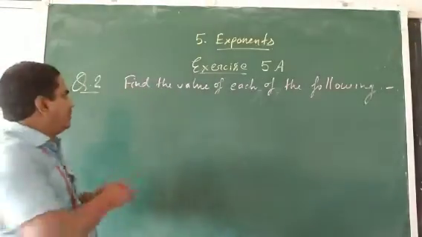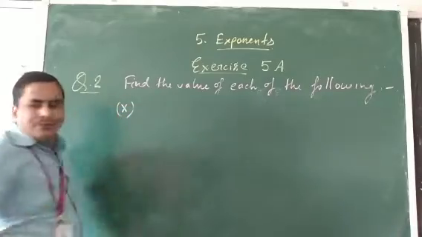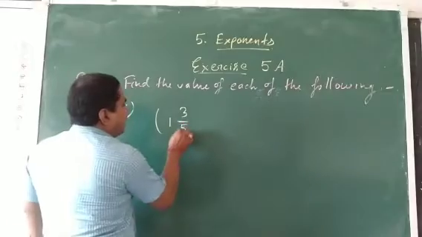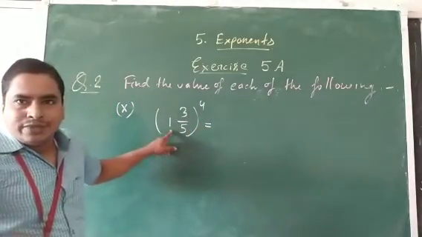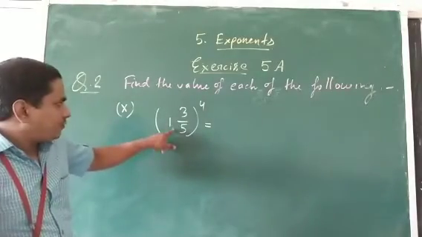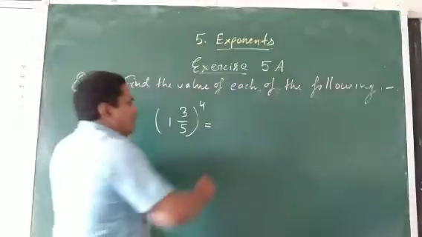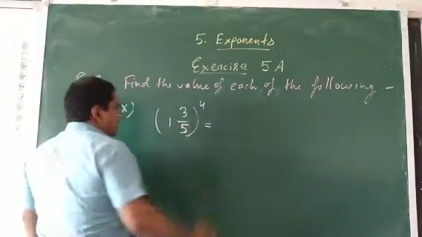Question number 10 of the second question, 10th part. What is given? 1 whole 3 by 5 to the power 4. This is given in mixed fraction form. So first we will convert this into simplest form.